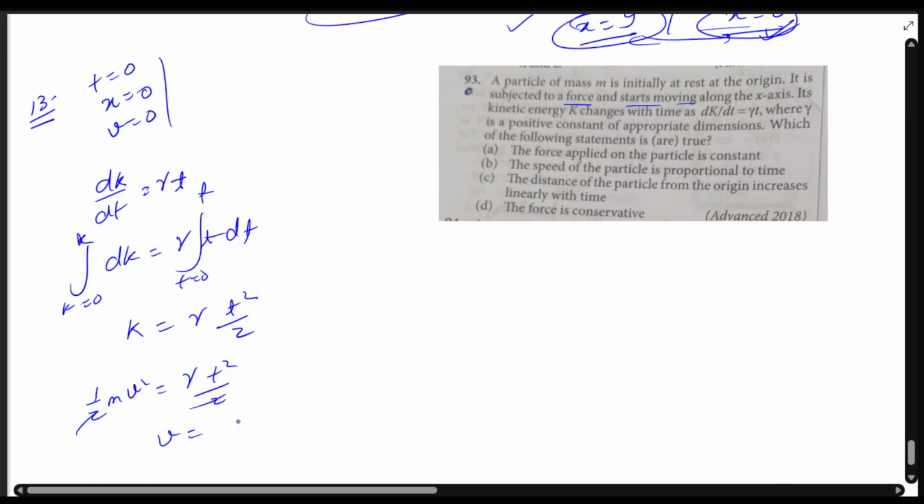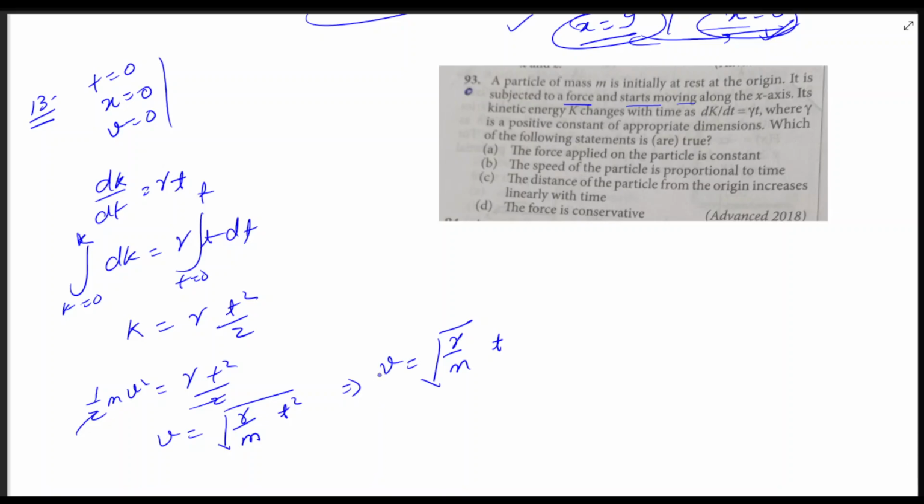So we'll have v as the root of gamma by m t square. So we will write it as v equals root gamma by m into t. Right? So if this is v, if I differentiate to find the acceleration, we will have root gamma by m, which is constant. So that implies force must be constant.